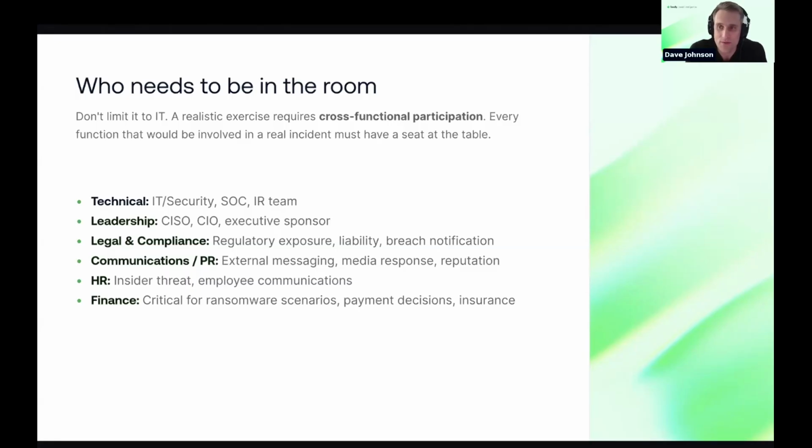Sometimes you can still go through the motions, but if you have something that requires a lot of legal oversight, maybe a compromise of client data where there are huge legal ramifications, no one on the team, if you're not a lawyer actively working this subject, is going to know how to respond appropriately. So it's really important to have the right people in the room. And if you can't, then I would postpone that tabletop until you do.